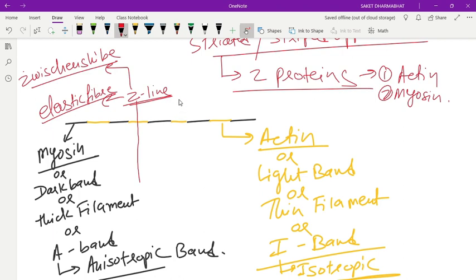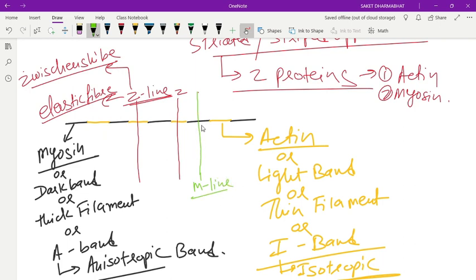Similarly, all the actin filaments are bisected in between by the Z line. The myosin is also bisected in between by one line, called the M line.